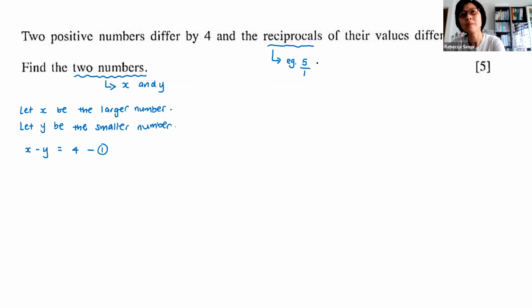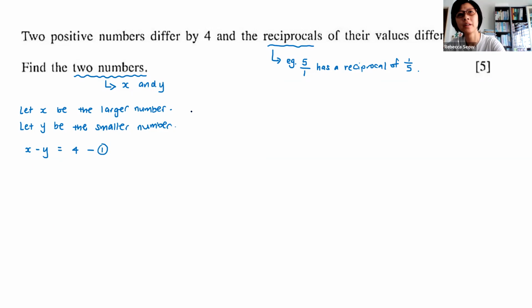So 5 out of 1 has a reciprocal of 1 out of 5. Now, the reciprocal of x is 1 out of x, and the reciprocal of y is 1 out of y.